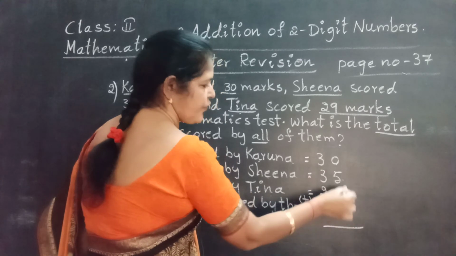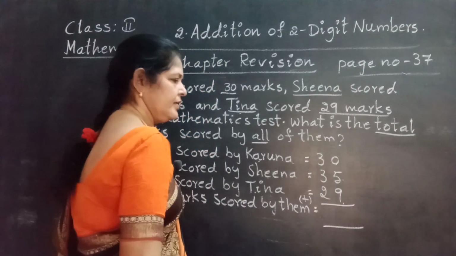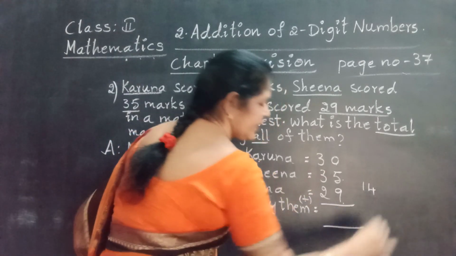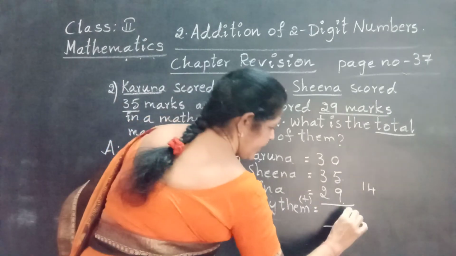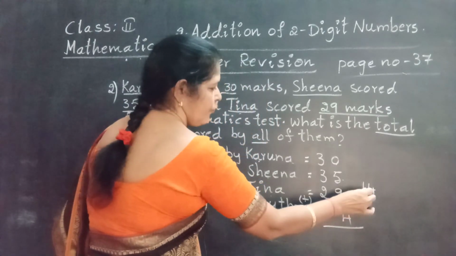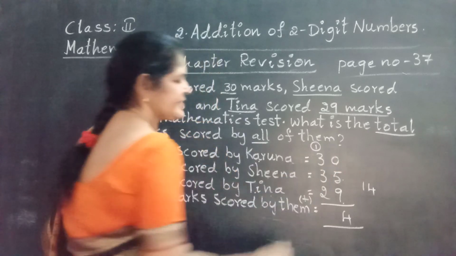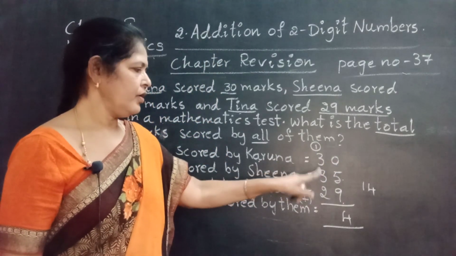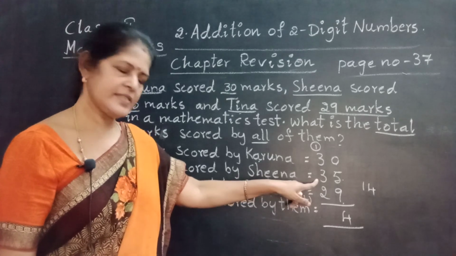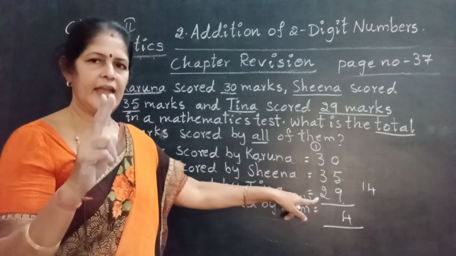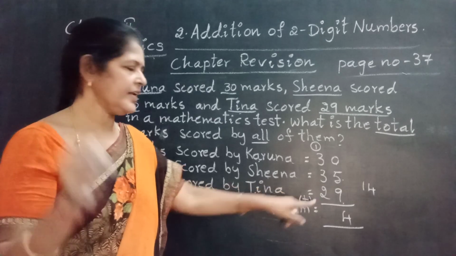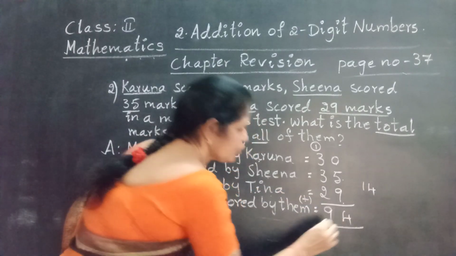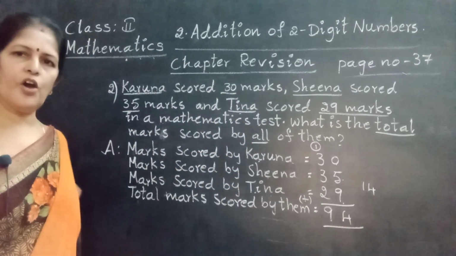Adding ones, 5 plus 9, yes, 14. Two-digit number. Write the ones number in the ones place. 1 carry forward to tens place. Carrying addition. 1 plus 3, 4. 4 plus 3, 7. 7 in the mind. Take 2 fingers, 7 after 8, 9. Total marks scored by them, 94.